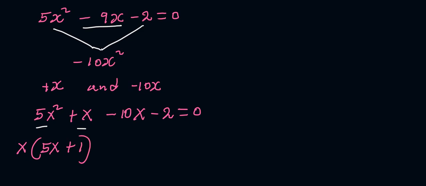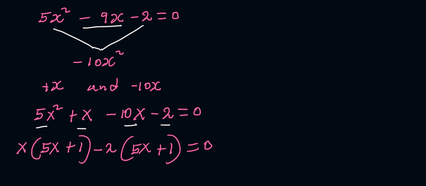Next is to find the GCF of negative 10x and negative 2, because we have to factor these two again. The GCF of negative 10x and negative 2 will be negative 2. So let's divide negative 10x by negative 2. That gives us 5x. And negative 2 divided by negative 2 gives us positive 1.